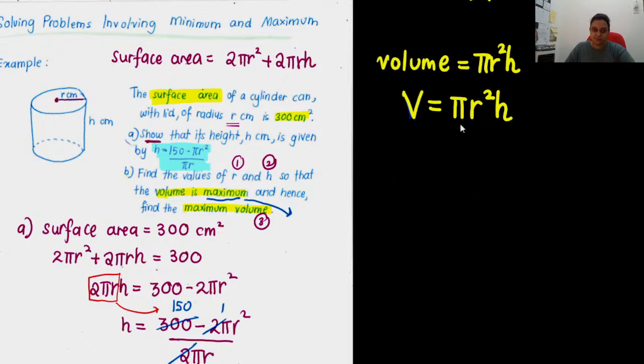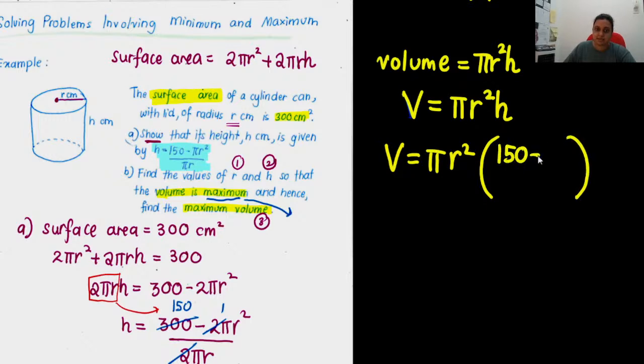So this is where, remember from question A, they asked us to show the h, isn't it? So this one you have to relate with question A. Since question A got h, what you must do here is substitute the h into the volume first. 150 minus pi r square over pi r.